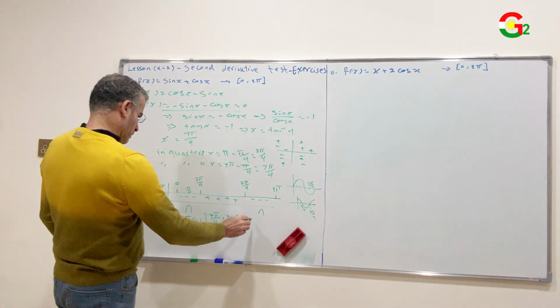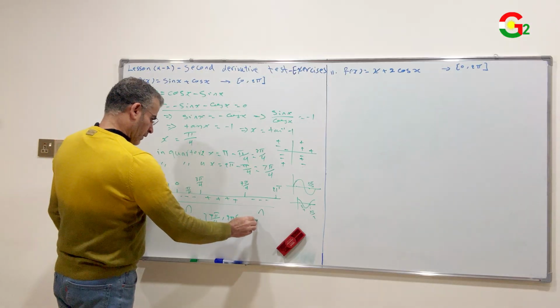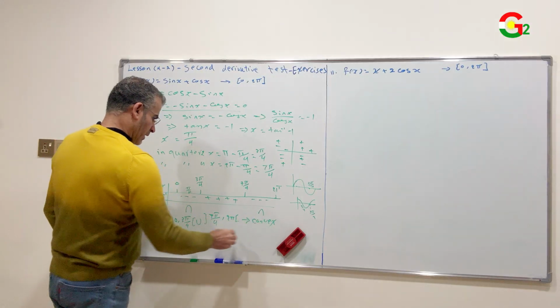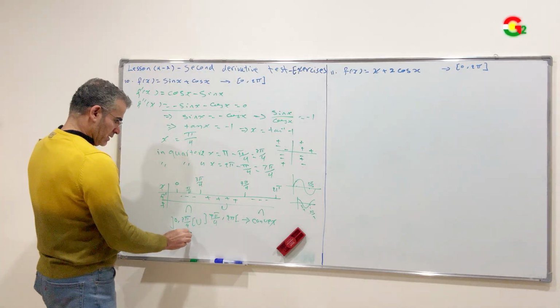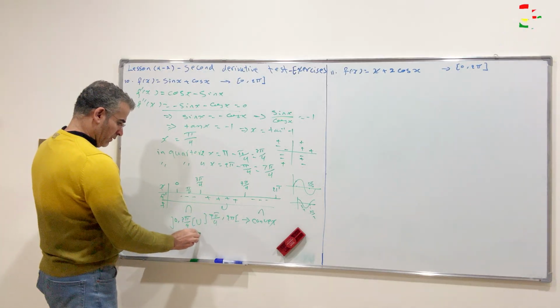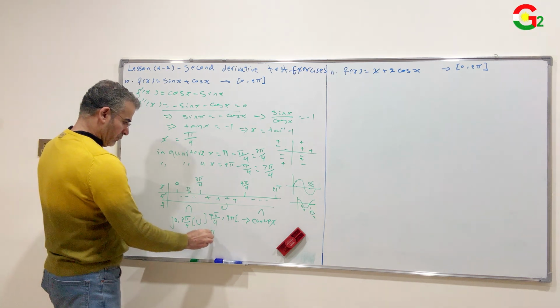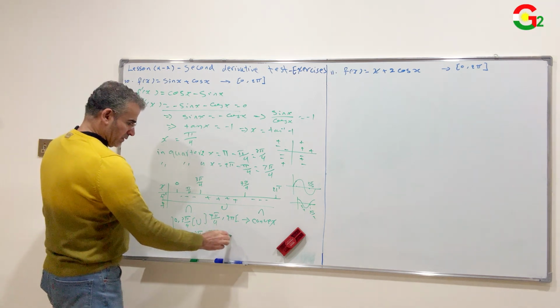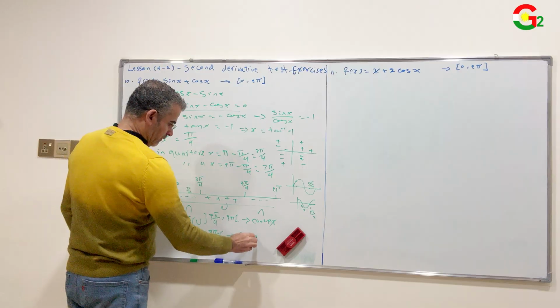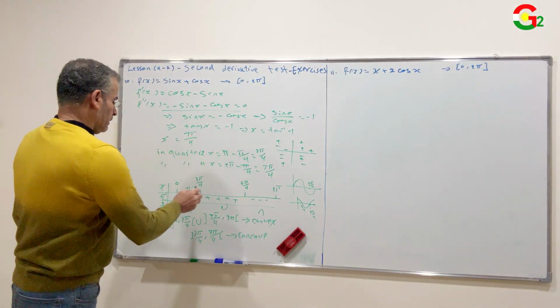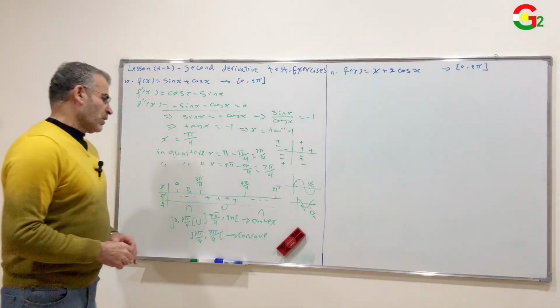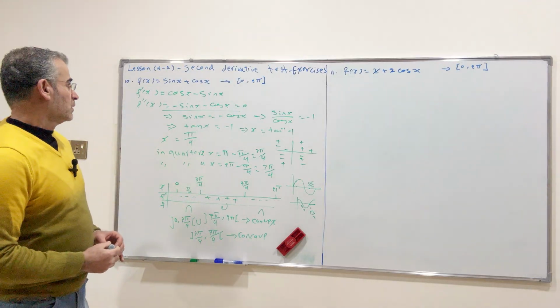Here the function is convex, and the function is concave between 3 pi over 4 and 7 pi over 4. And x equals 3 pi over 4 and x equals 7 pi over 4 are inflection points of this function.